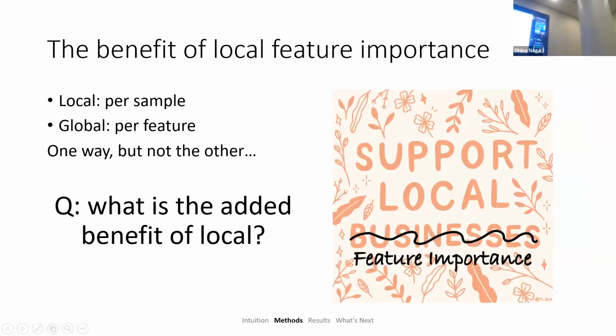And this can indeed be done on a local scale. And generally, it is regarded that permutation feature importance is a very good, very robust measure of feature importance. However, it can only really be done on a global level.